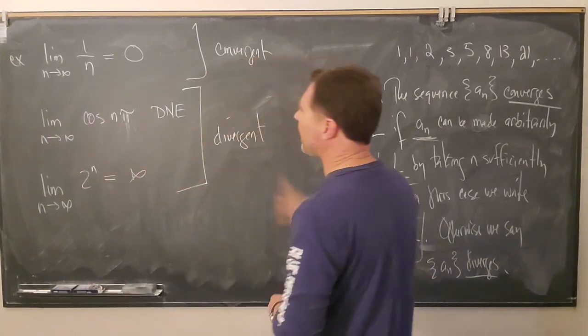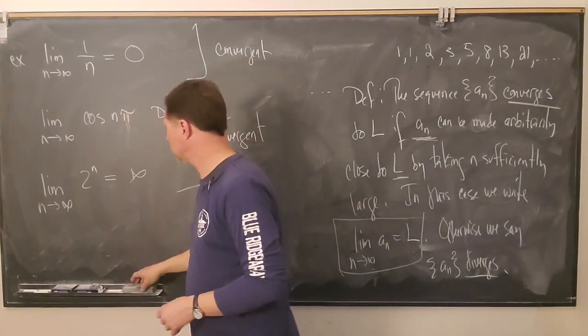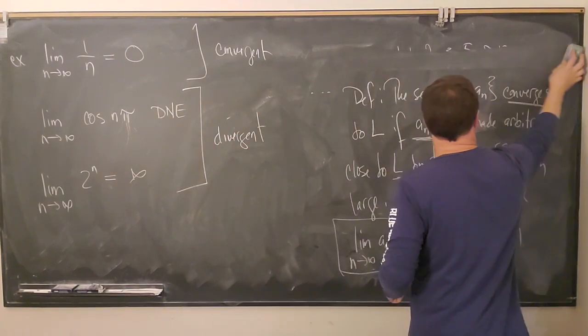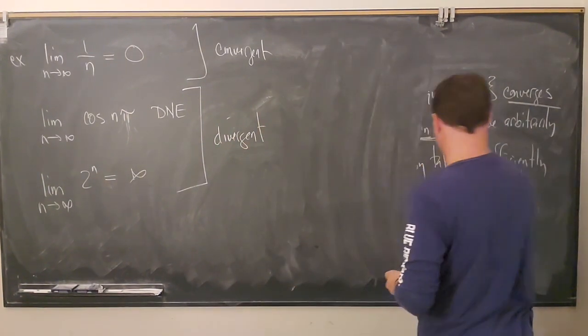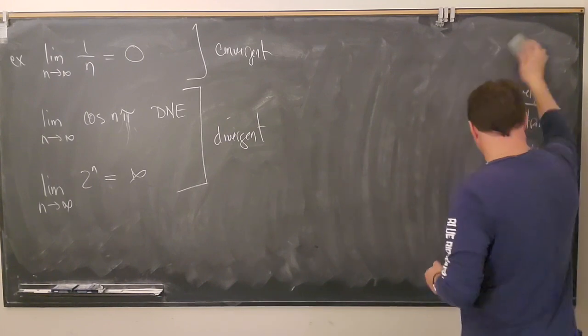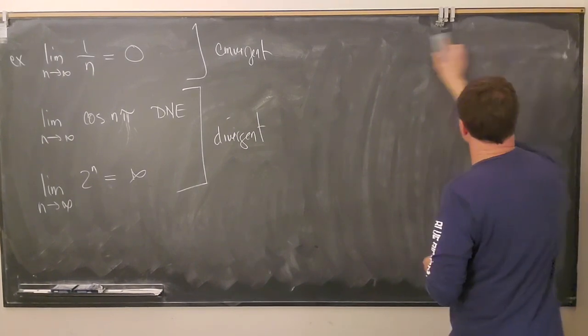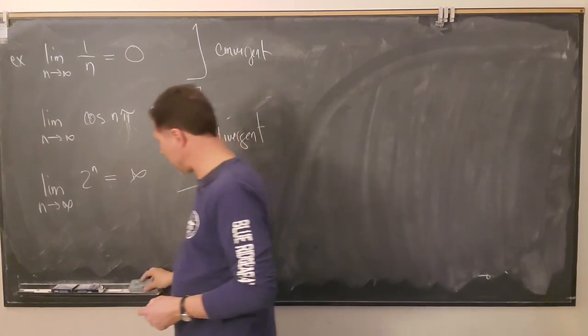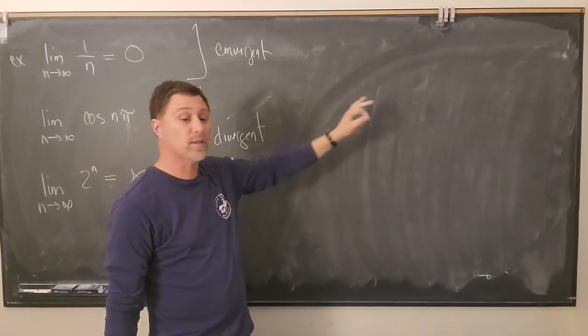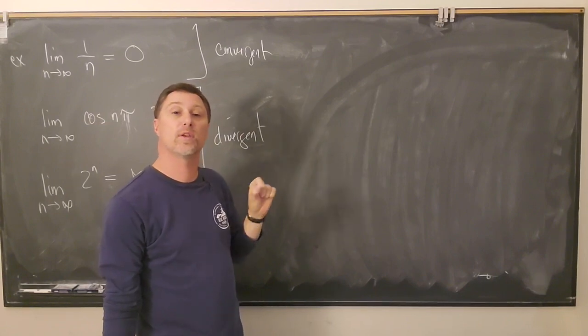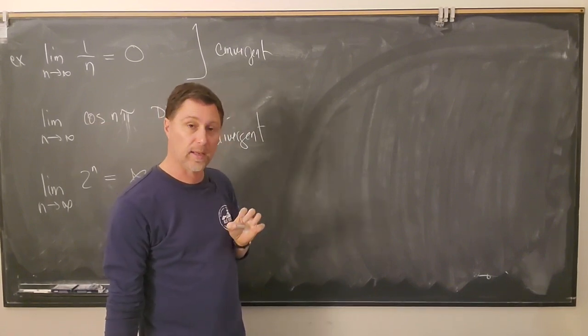Now, I've kind of talked my way through convergence and divergence for these examples. But we want to be a little bit more systematic when it comes to analyzing sequences. As I mentioned, this definition of convergence and divergence of sequences is very close to one that you learned when you were studying functions back in Calc 1.